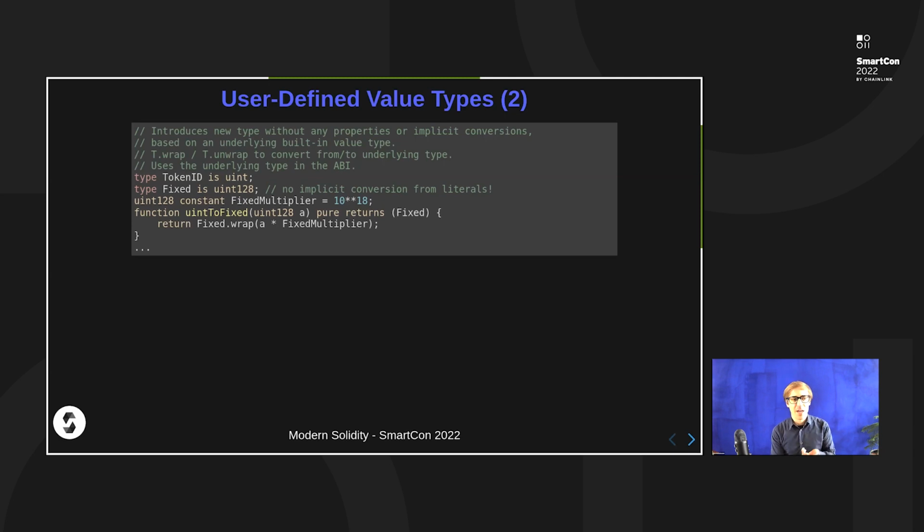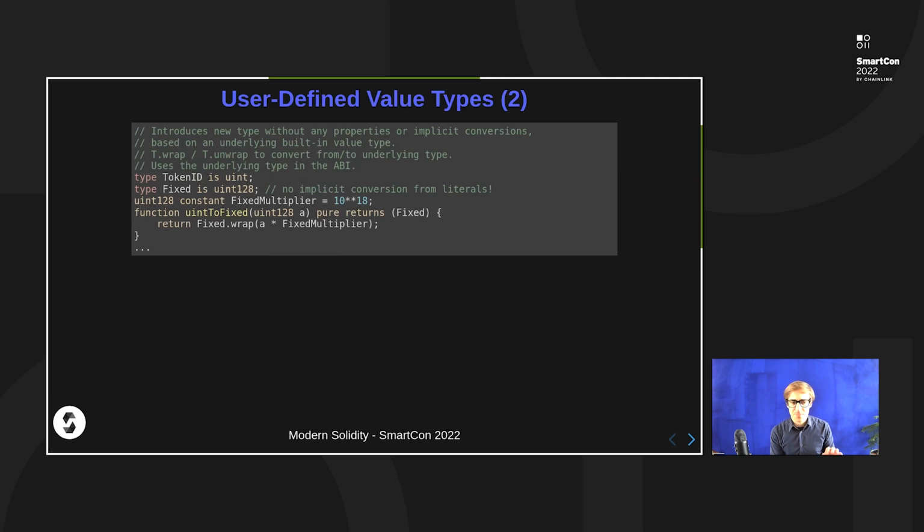And you have to provide an underlying value type it is built out from. So you write token ID is uint, and this creates a new type called token ID, which is stored on the stack. And all its internal semantics, so the memory layout, the storage layout, and so on, is taken from uint, so from the underlying type. But that's the only relation it has to the underlying type.